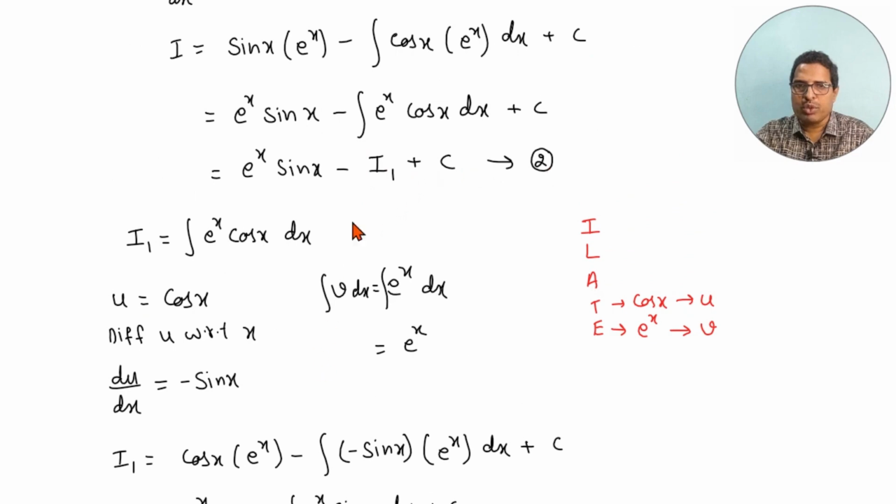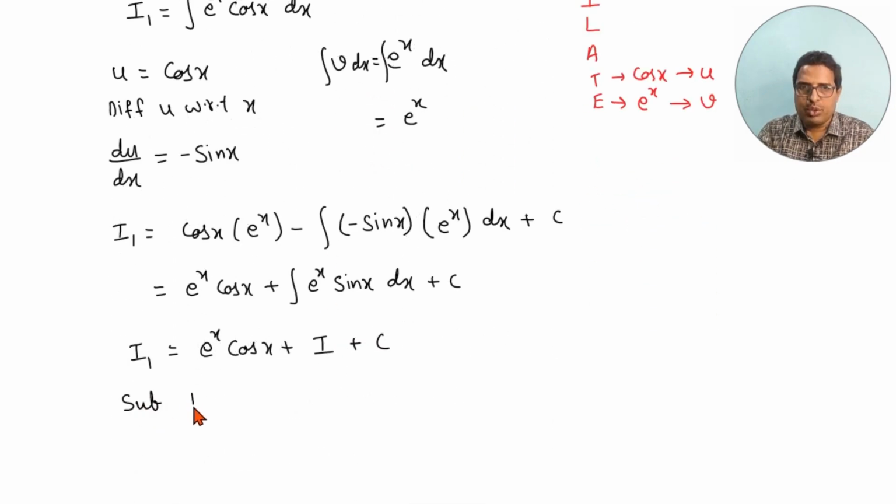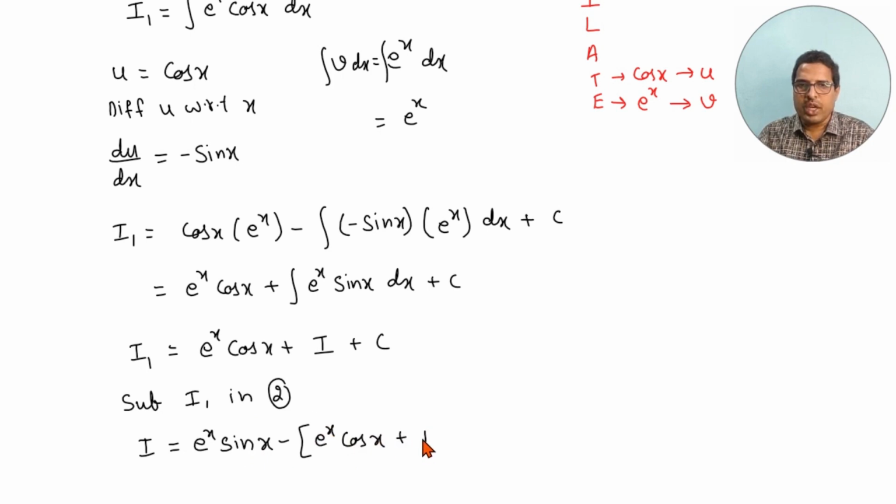So let us substitute this I1 in equation number 2. So we get I is equal to e to the power x into sin x minus I1. So I1 is nothing but e to the power x into cos x plus I.